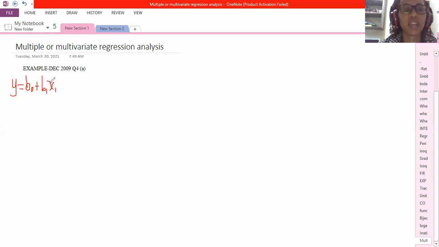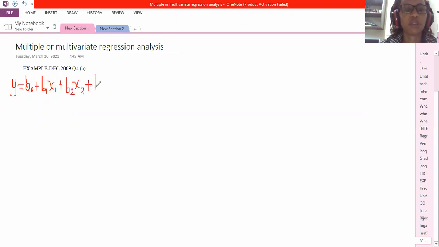So if we read our equation like that, this is called a bivariate regression analysis. But we are saying in the multiple regression analysis, we have got a number of the variables, not just one. They are quite a number, and therefore we need to include all the other independent variables. Say we have another independent variable like x2, which could be having a corresponding coefficient of B2. And we do the same to all the other independent variables.